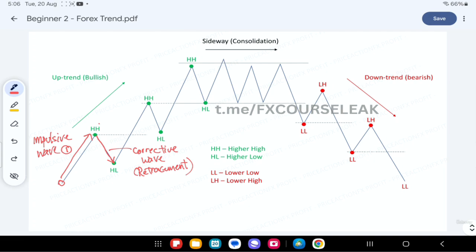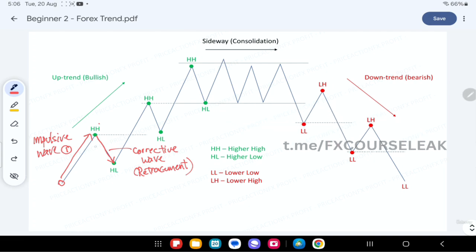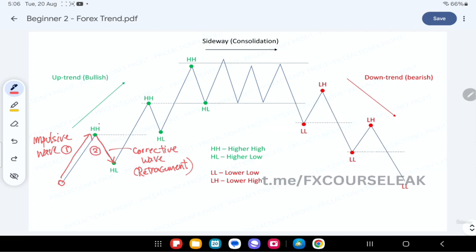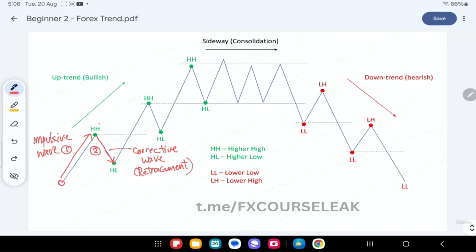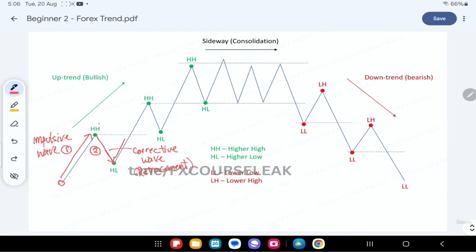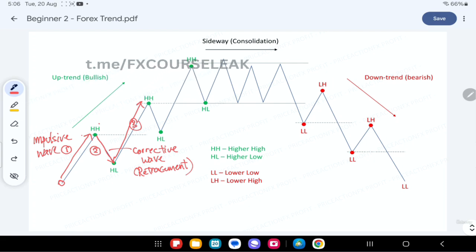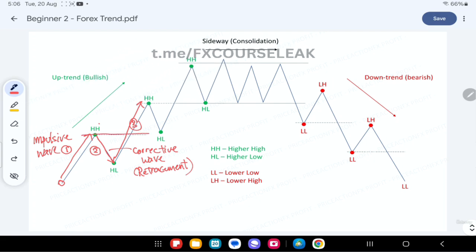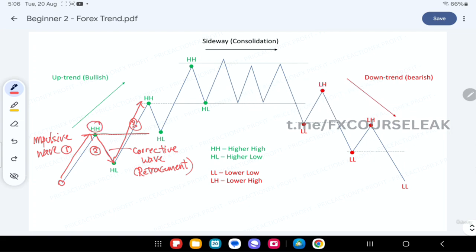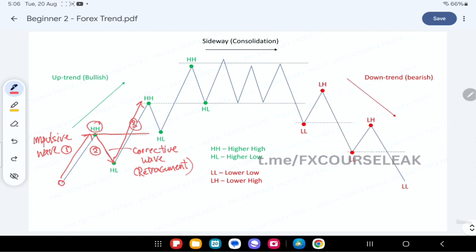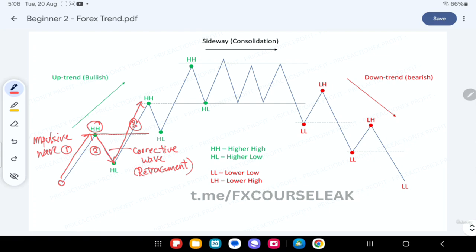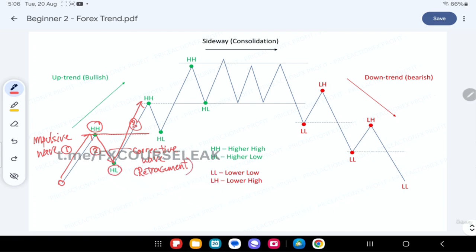So the moment you see now there's one wave, second wave, the corrective wave, and comes the third wave, also an impulsive wave, and it breaks the previous HH. So HH over here, we call it a higher high, and the retracement on the downside, we call it a higher low.